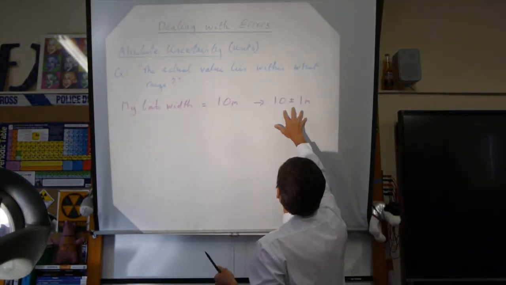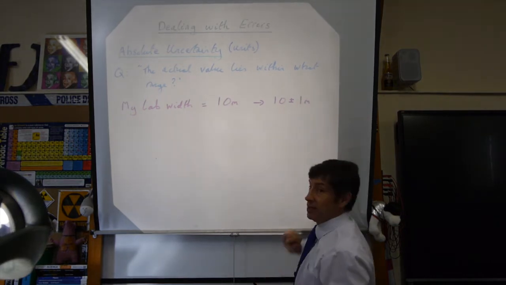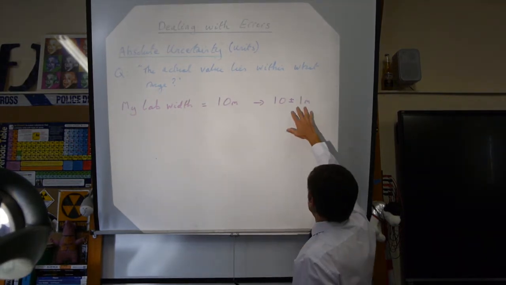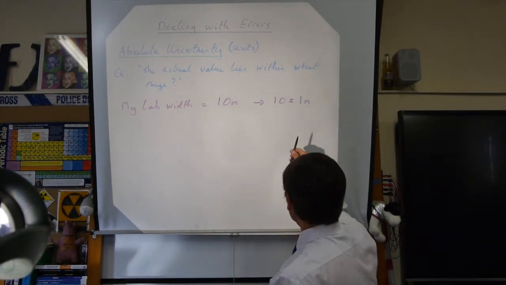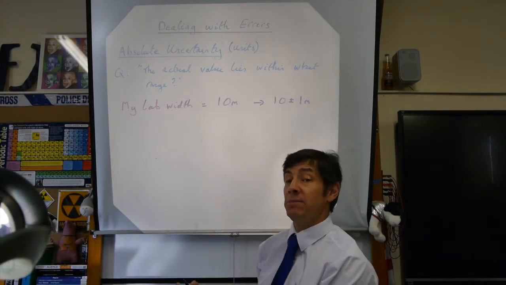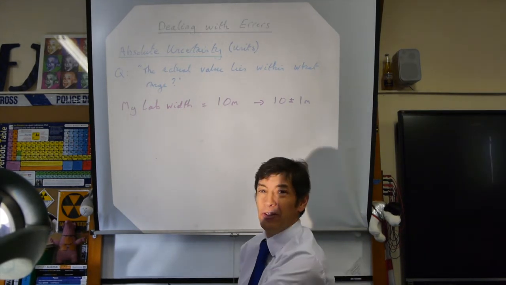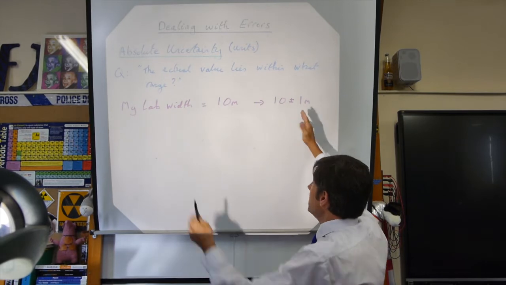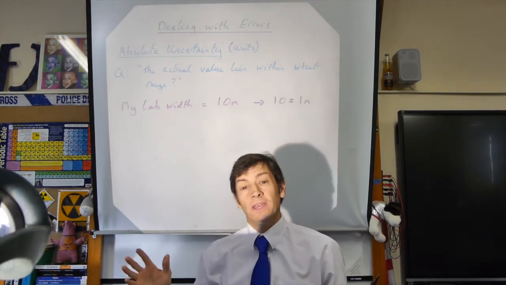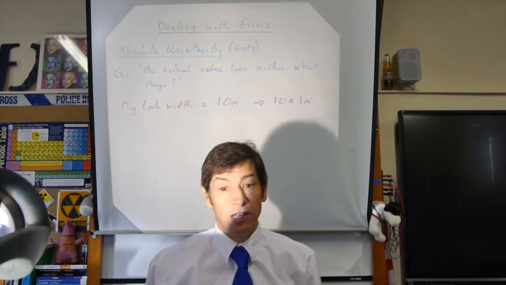So I know the absolute uncertainty. Notice it's got units, and I know that my lab could be 9 metres, or it could be any value up to 11 metres, and that's the range within which the width lies.